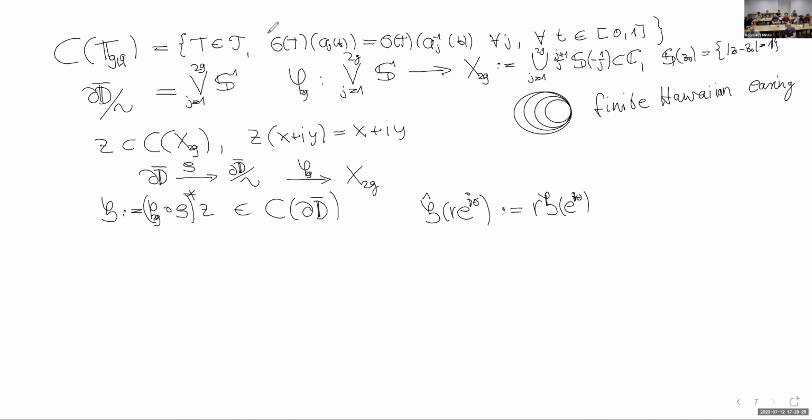Then we consider our Toeplitz operator, the Toeplitz operator of this extended function.